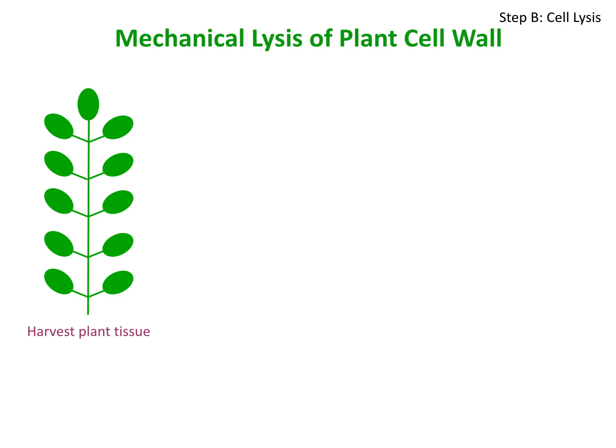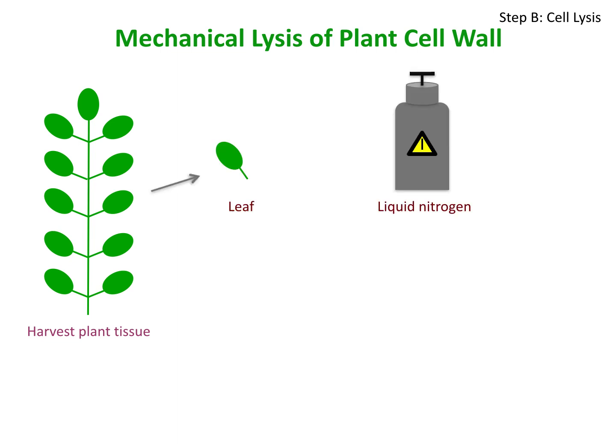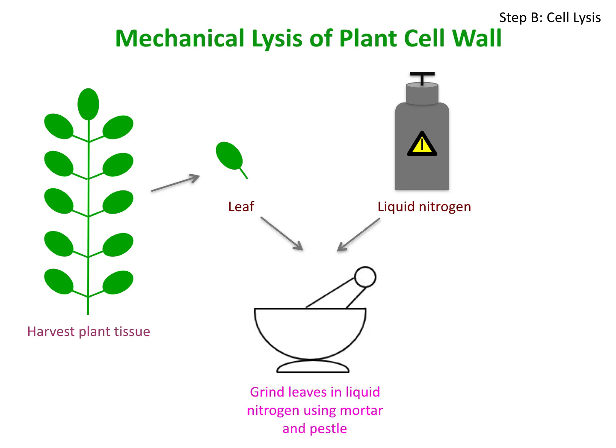First, we take the desired plant tissue, for example, leaf. In the presence of liquid nitrogen, we grind the leaf using mortar and pestle. Liquid nitrogen appears like boiling water with steam coming out of the liquid, but it has an extremely low temperature of around minus 196 degrees Celsius.